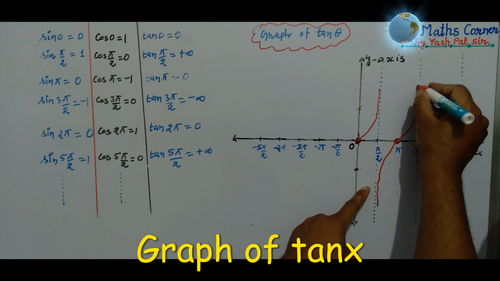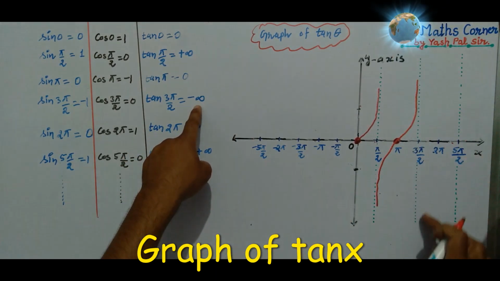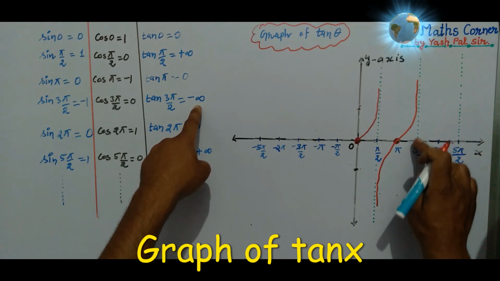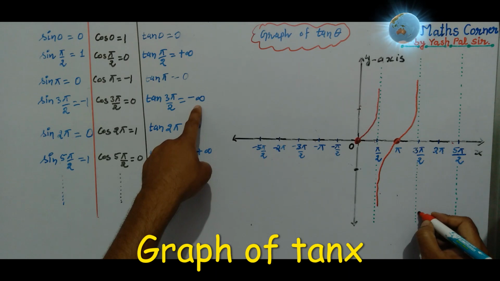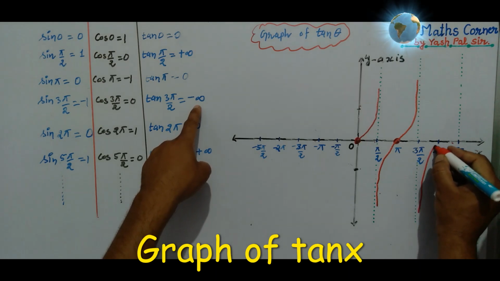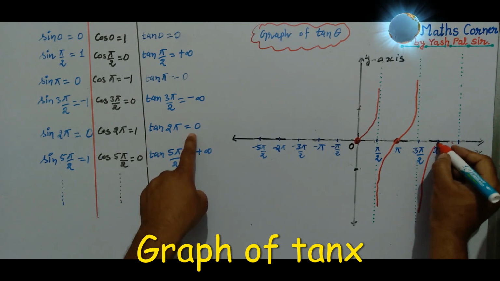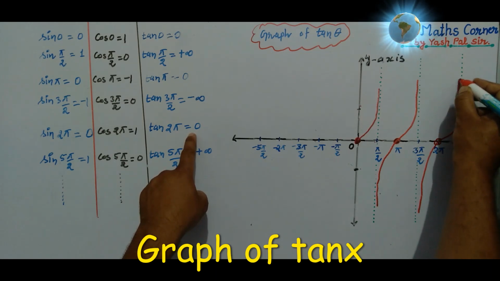Again at 3 pi by 2 it is infinity, so it is not touching this dotted line. Again we start from this line, and at 2 pi tangent is 0, so it will pass through this point like this. We can say this is the graph.